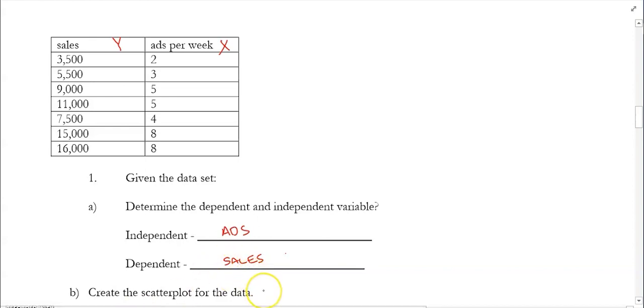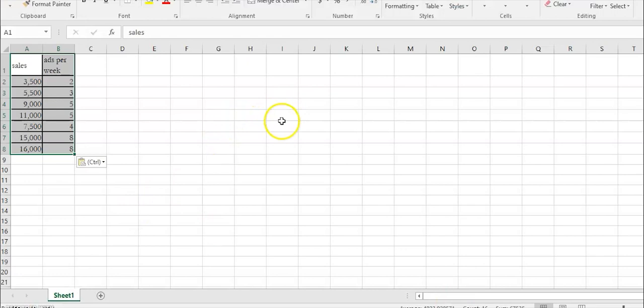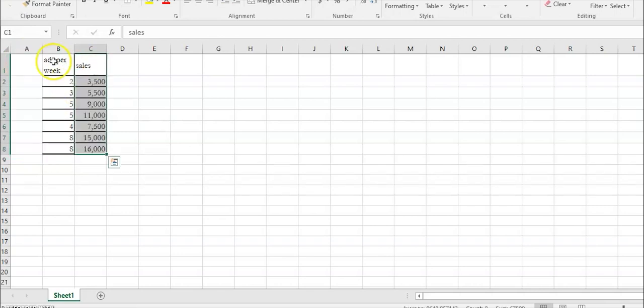Next, it asks to create a scatter plot. So I'm going to take this data and I'm going to put it into Excel. So here is our data. Now, what I'm going to do is I'm going to change this around so that our independent variable is first, and then our dependent variable is second.